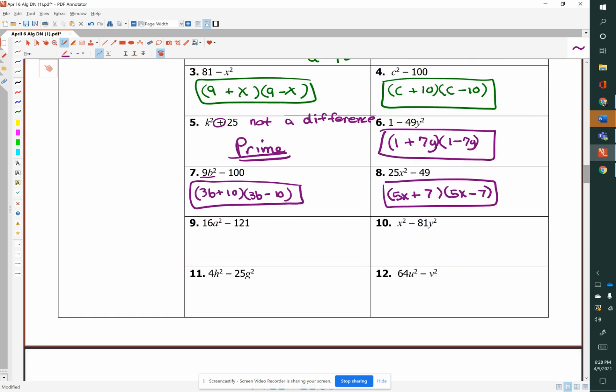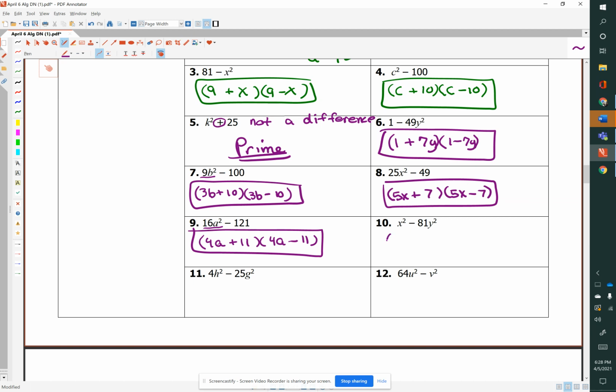Number 9, 16a squared would be 4a times 4a. And 121 is 11 times 11. So I told you, memorize those squares up to 12.